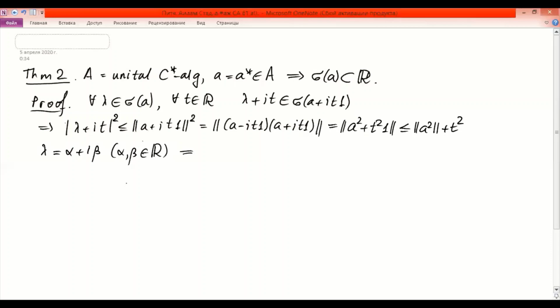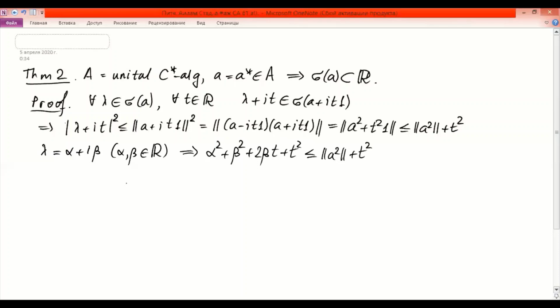So the left-hand side of this inequality is alpha squared plus beta squared plus 2 beta t plus t squared. And this is less than or equal to the norm of a squared plus t squared.